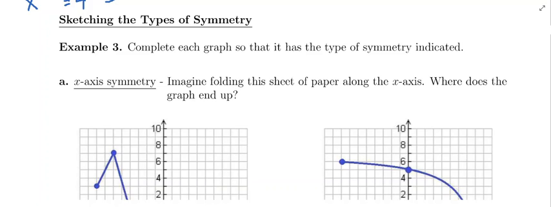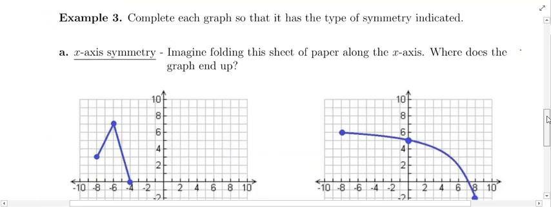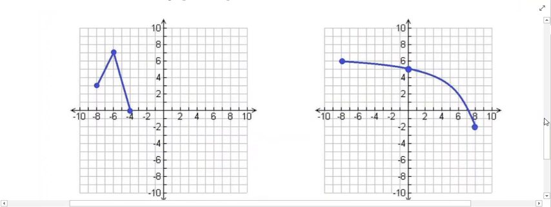So let's take a look at example 3. In this example, we are going to learn how to sketch the different types of symmetry. If you just take a glance through this example, you will see that I have two graphs here. The one on the left is kind of triangular, and the one on the right is more of a curve.